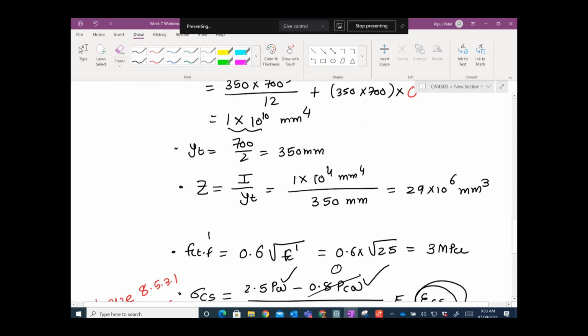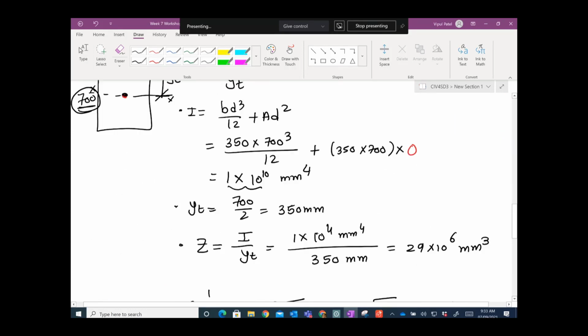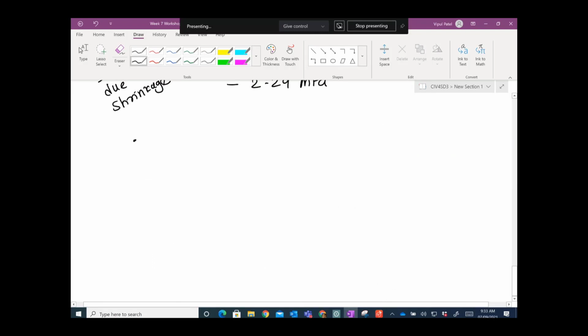So we have passed a long journey so far. We have Z calculated, FCT.F calculated, sigma CS calculated. So we are ready to calculate the cracking moment. Cracking moment equals Z times FCT.F take away sigma CS.